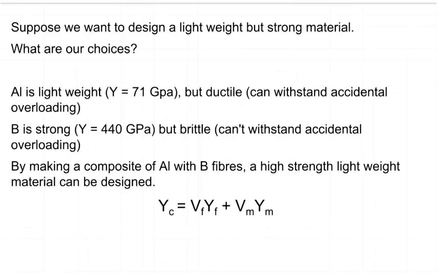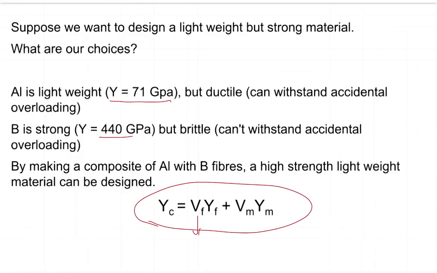Of course, aluminum is one of the lightest metals in the periodic table, but it is very ductile. Another is boron, which is very strong, but it cannot withstand extensional loading because it is brittle, and its modulus is high. So by this rule of mixture, you can design the modulus.